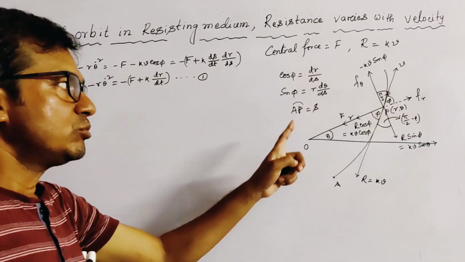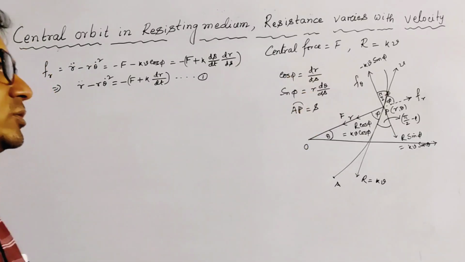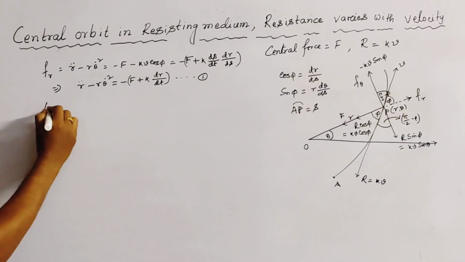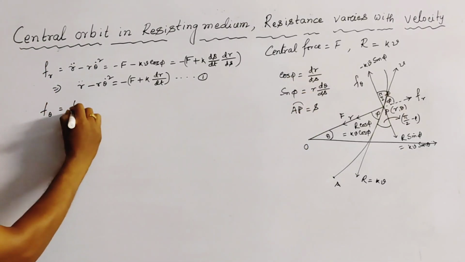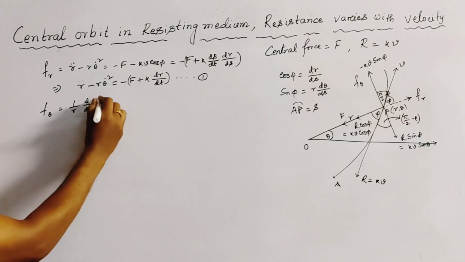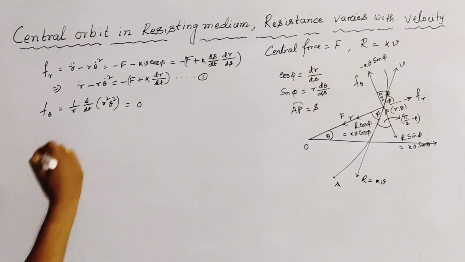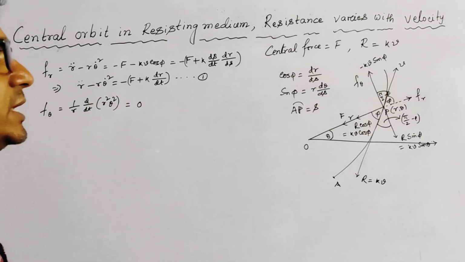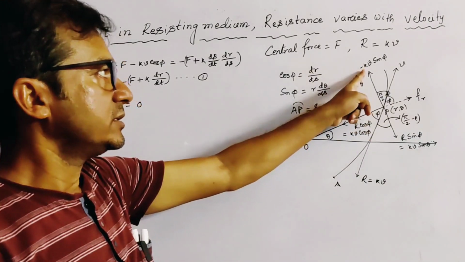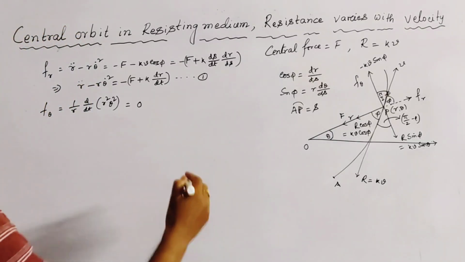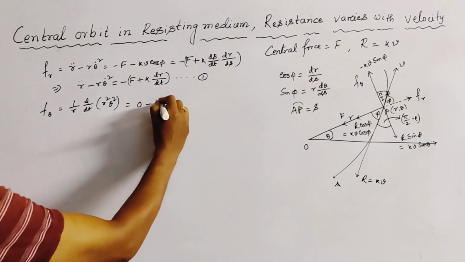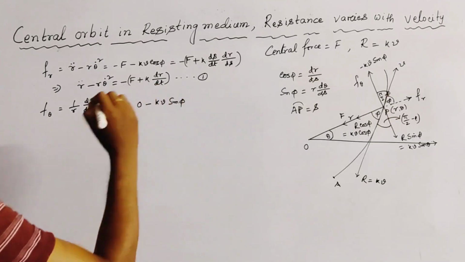Another equation of motion, the cross radial equation of motion, is given by F theta, which is equal to 1/r d/dt of (r square theta dot), equal to 0 if there is no resistance. Here another force acts, equal to minus kV sin phi.